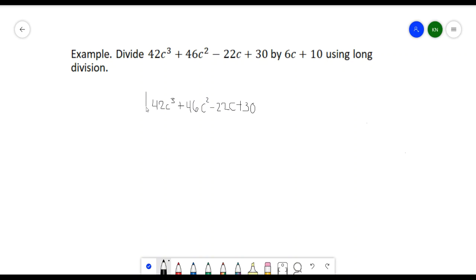And we put this here, and this will be our divisor, 6c plus 10. Now, in solving this, we just have to divide our dividend by our divisor.